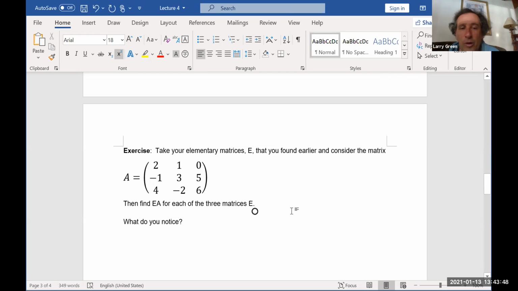So I want you to explore this. And I hope you can all do it. This isn't supposed to be a hard exercise, but it's supposed to be a very revealing exercise on what's going on. There's nothing tricky here.